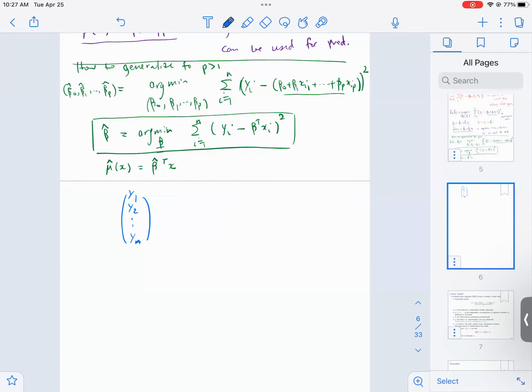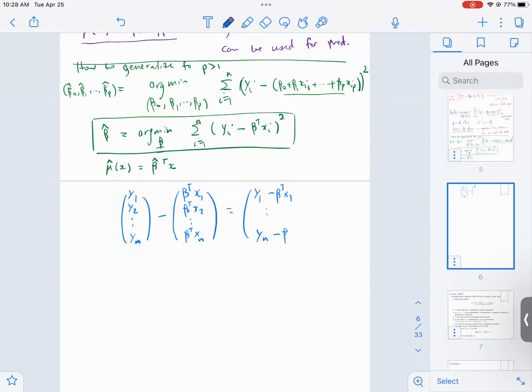If it was equal to that, it would be 0, so I want to subtract something. Minus beta transpose x1, beta transpose x2, up to beta transpose xn.